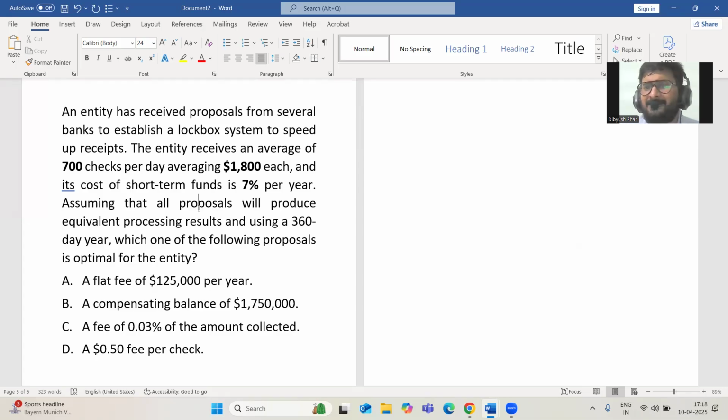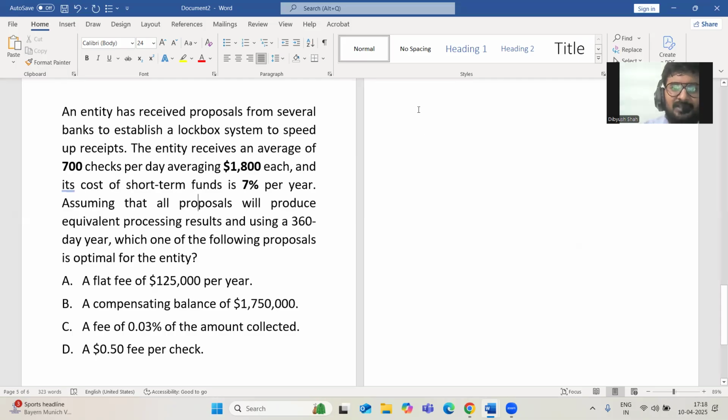Now understand this. If everyone is giving me the same amount of benefit, then I have to look where the cost is lower. Because if the benefit is the same, wherever the cost is lower, that I will select. So option A says flat fee of $125,000 per year.